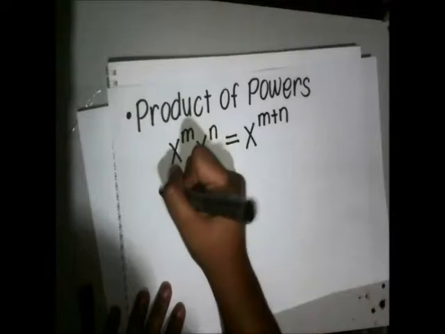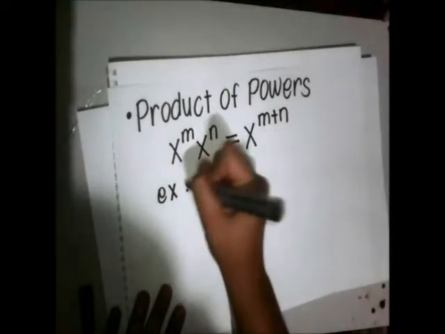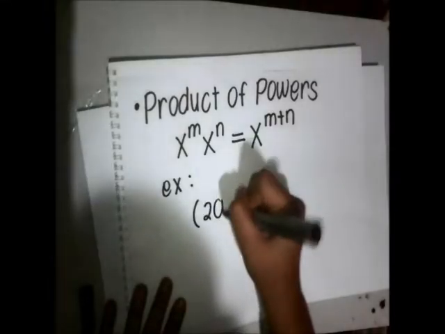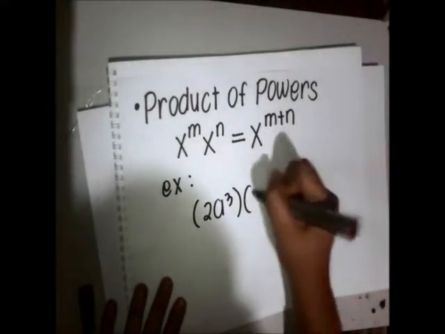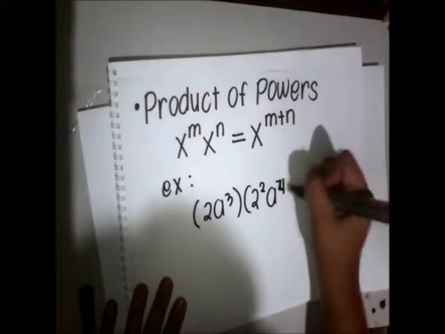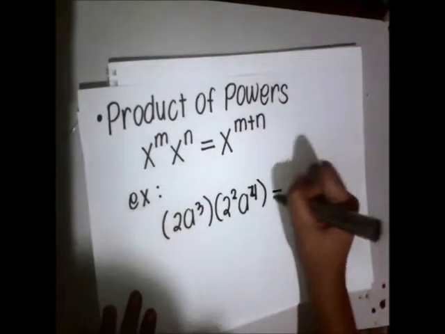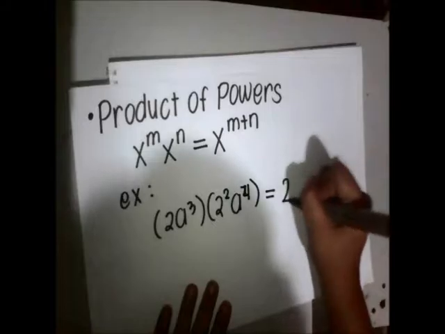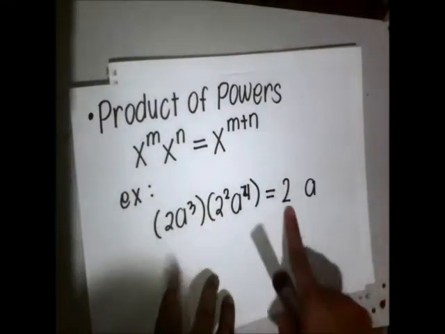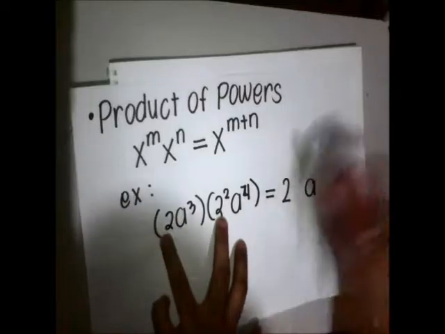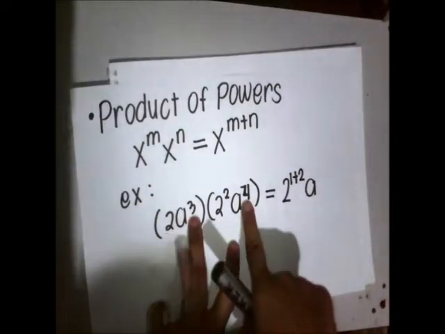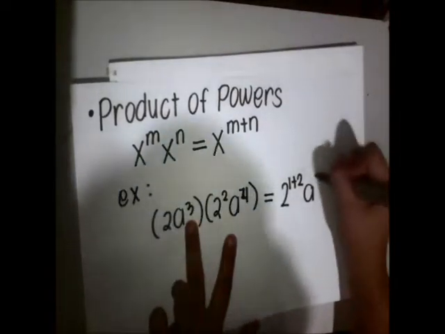We have here an example. Quantity of 2a cubed times the quantity of 2 squared times a raised to the 4th power. First is copy the base, 2 and a. Then add the exponents. The exponent for 2 is 1 plus 2. And for the a we have 3 plus 4.